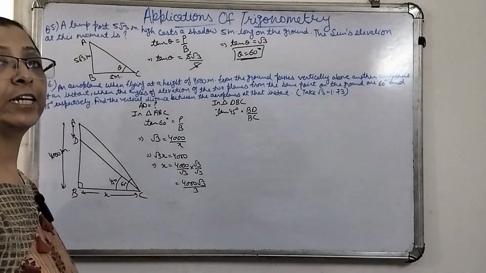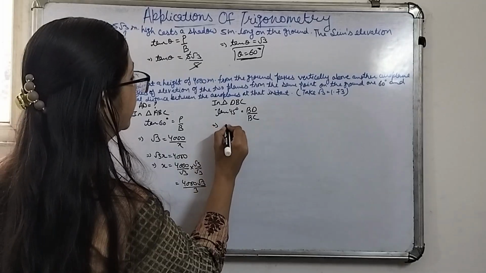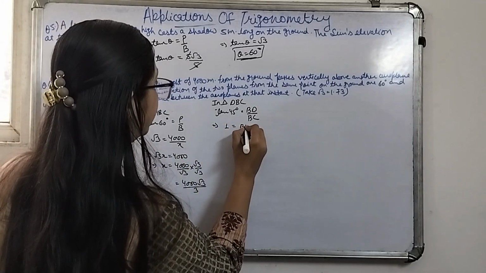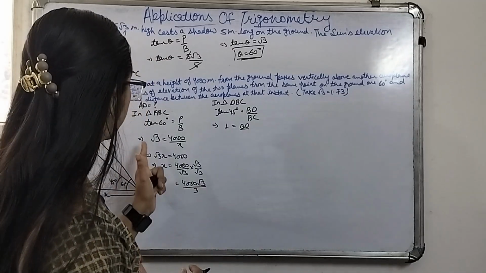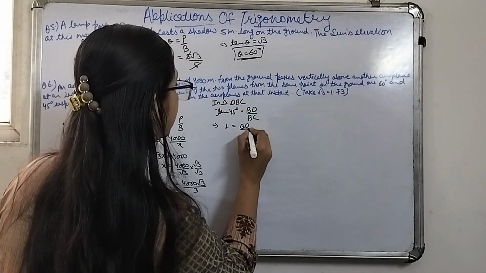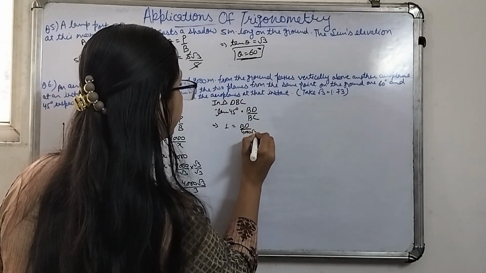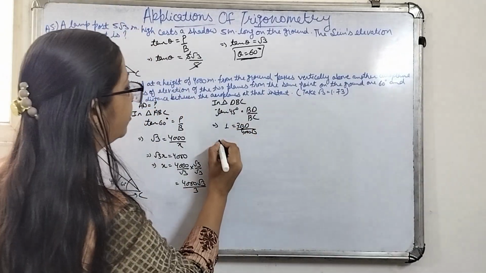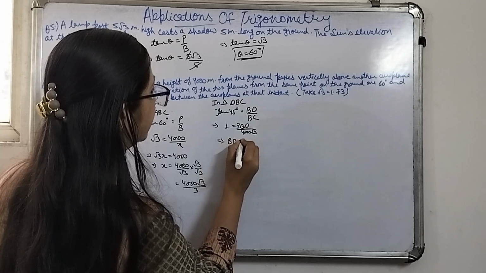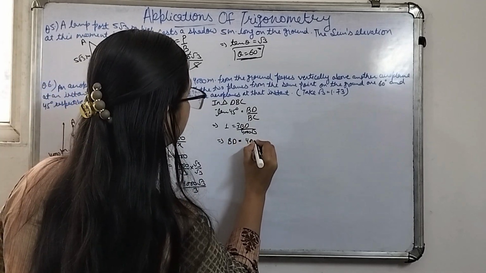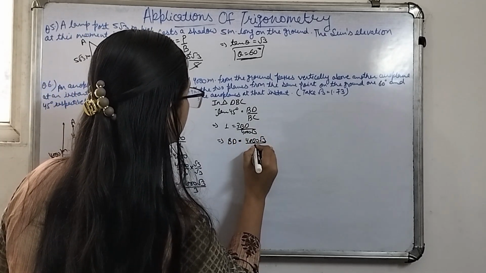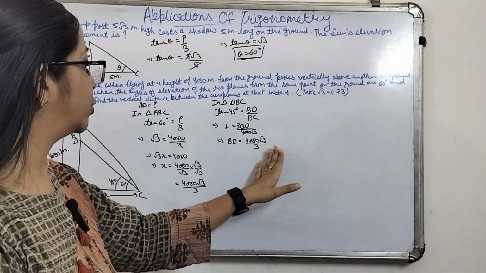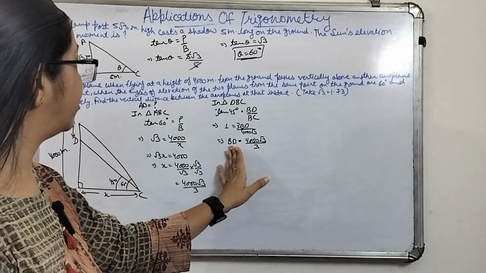We know the value of tan 45 is 1. So 1 is equivalent to BD, which we have to find out, over BC, which is 4000 root 3 by 3. So this 3 will go in the numerator. The value of BD will be 4000 root 3 over 3. This will be the value of BD.